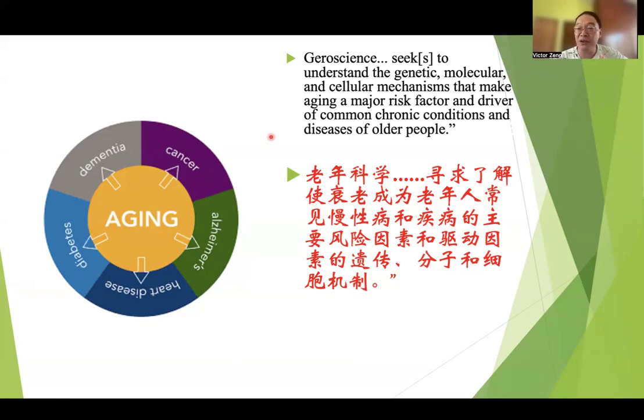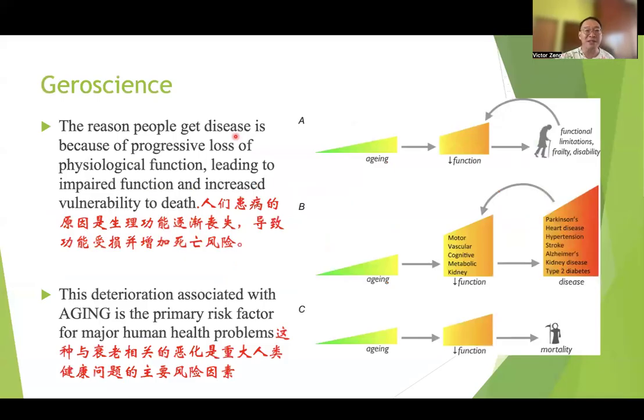Cells and molecules are what's inside the cell, and the genetic level is what's inside the genes. The reason people get disease is progressive loss of physiological function, leading to impaired function and increased vulnerability to death.